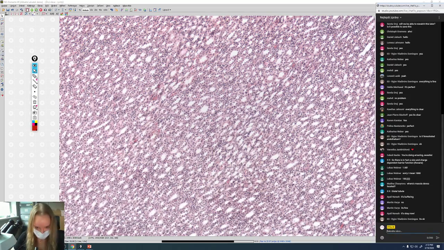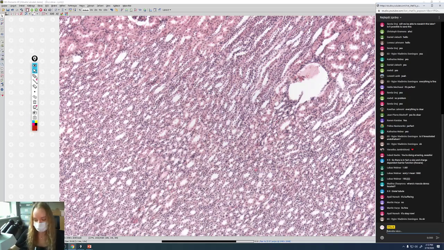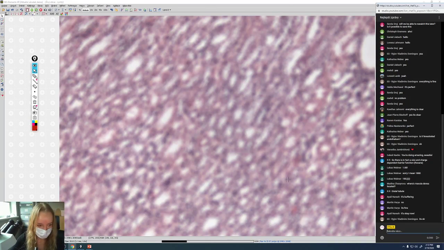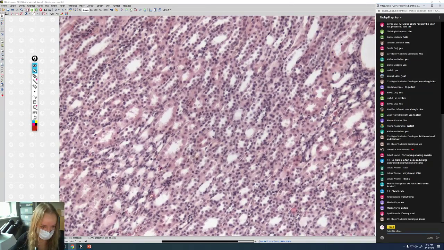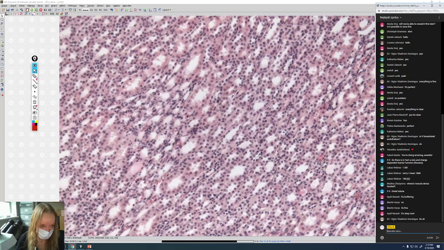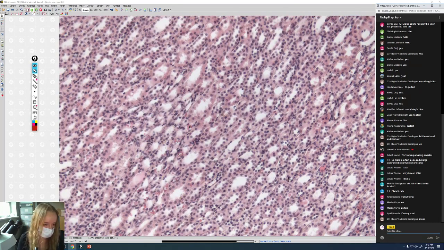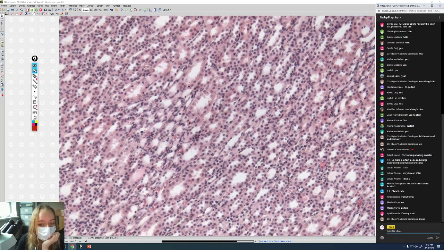But okay, here we are in the medulla. I'm going to focus more here. We clearly are in the medulla, and I can describe these as thick segments. Probably not yet. Yeah, that's a collecting duct.